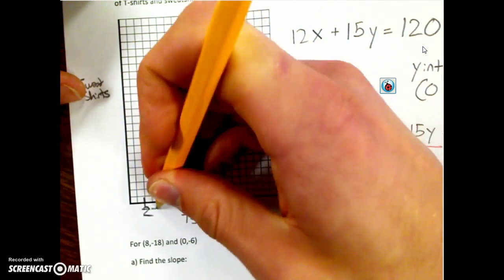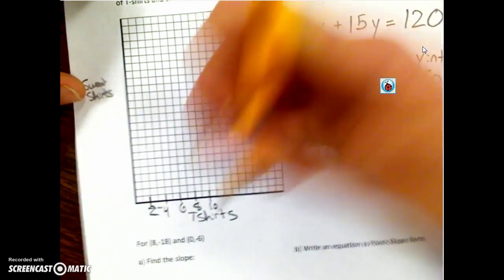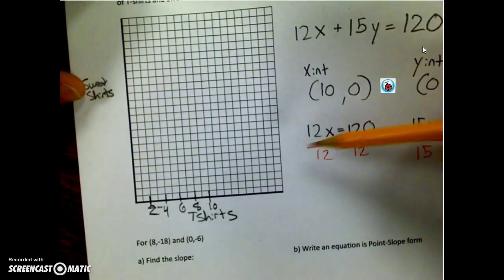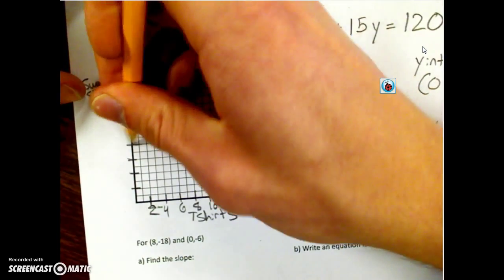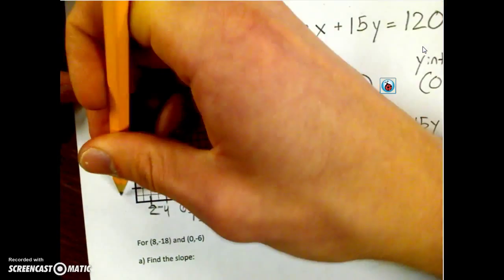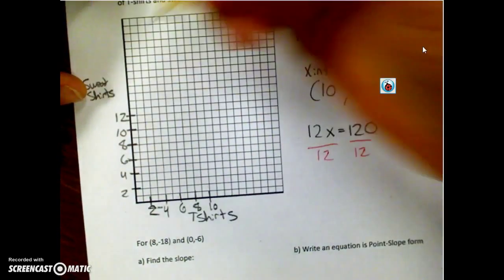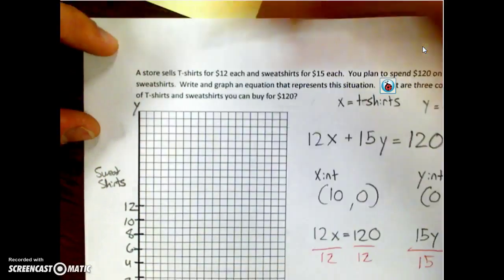So we've got 2, 4, 6, 8, 10. We'll go up to 10 there for our sweatshirts, right? That's going to be my x. All right, we'll scale out our y. So we've got this here. Here's our x-axis. Here's our y-axis.